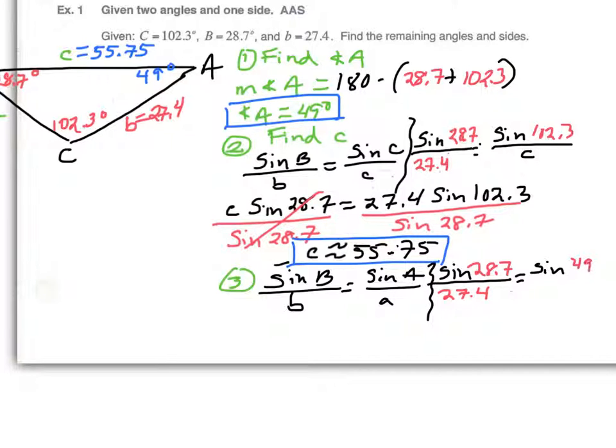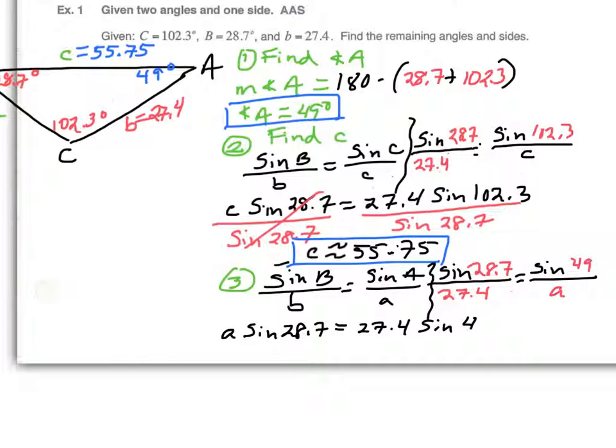This is why I write everything down. I'm old, I already forget it. Over, I don't know side A. So cross multiply to solve. We get A times the sine of 28.7 equals 27.4 times the sine of 49 degrees.